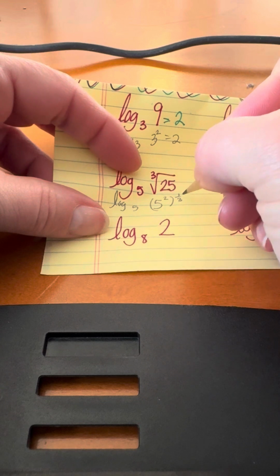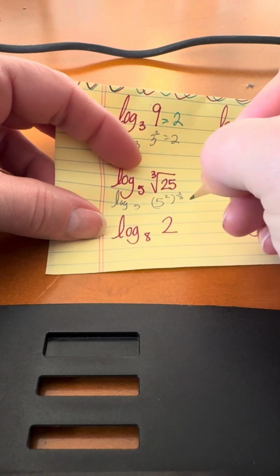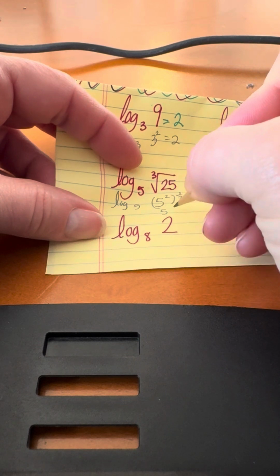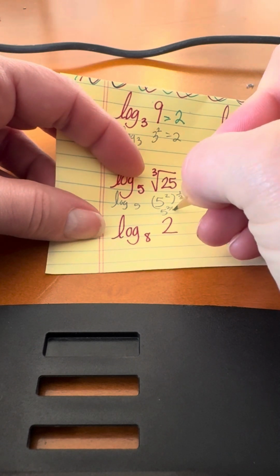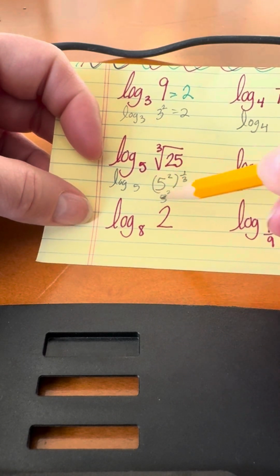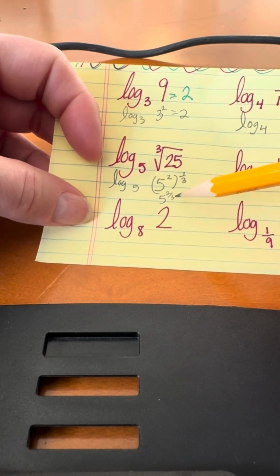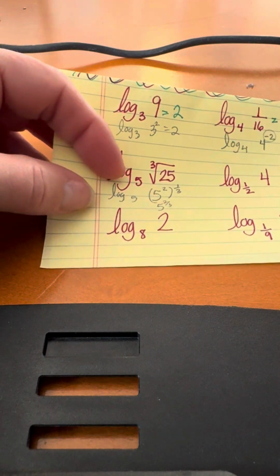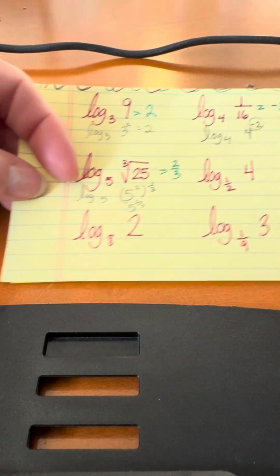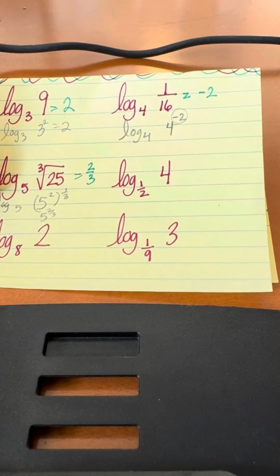So a 2 times a 1/3 is really a 2/3. I didn't give myself much room here. So this I would clean up to a 5 to the 2/3 power. And then there again, once you write it with the same base, then this exponent is your answer. So in the end, this equals 2/3.